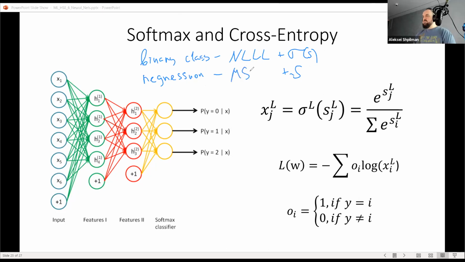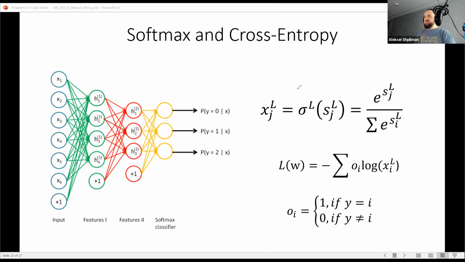So the mean square error, if this is our answer, would just be S minus y squared. So this is MSE. Does it differentiate well over S? Sure. It actually does.